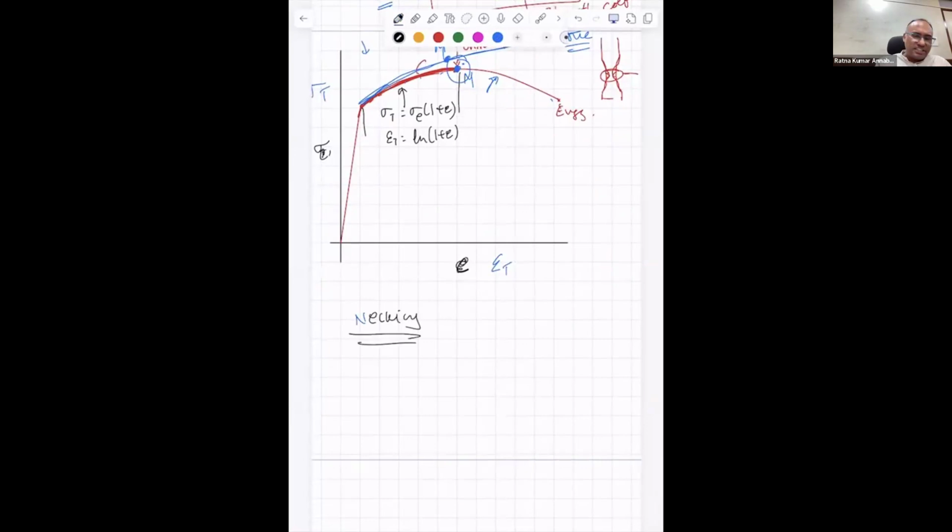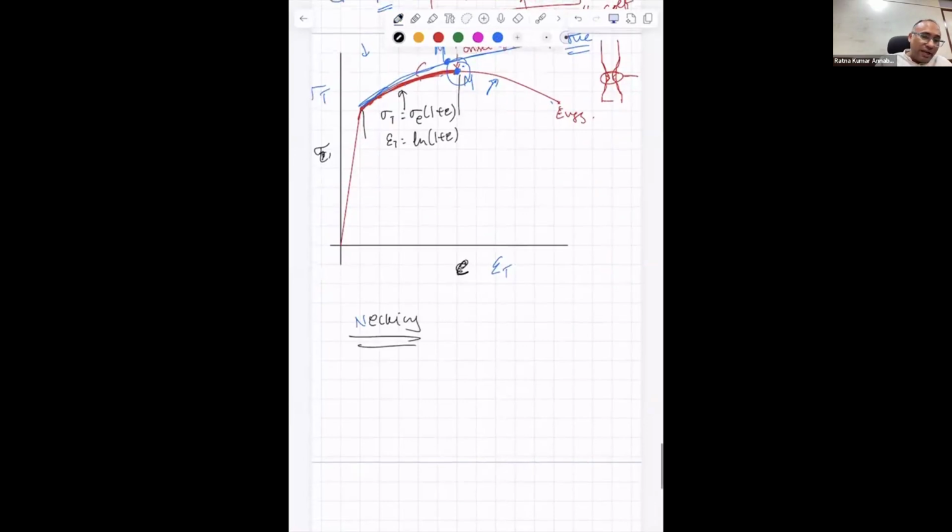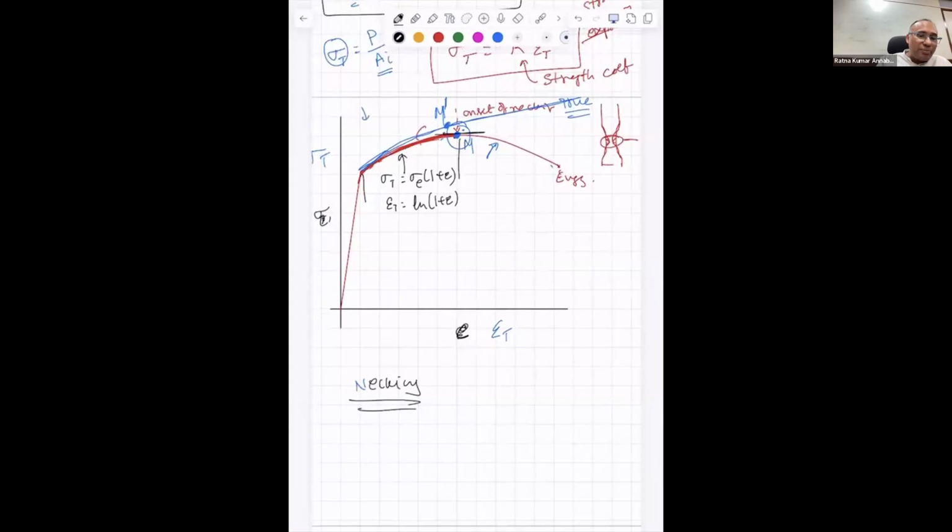Necking, as we understand, is an instability, and it onsets at the maximum engineering stress value, that is, whenever the load reaches a maximum value. If you draw the force displacement response, P versus delta, you will have some increase in force and then it suddenly decreases. Wherever P is maximum, that is when necking begins.